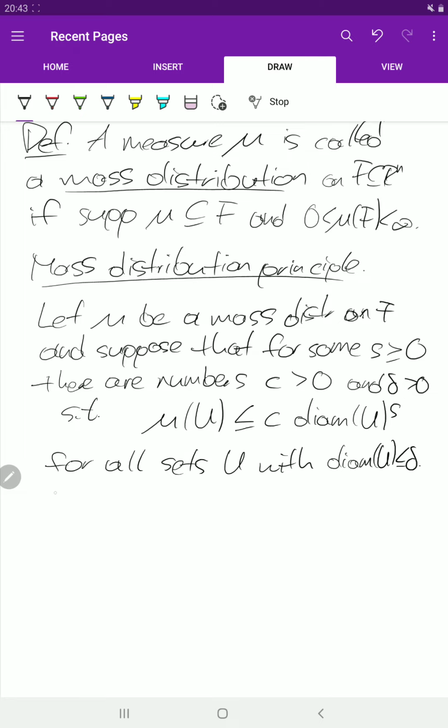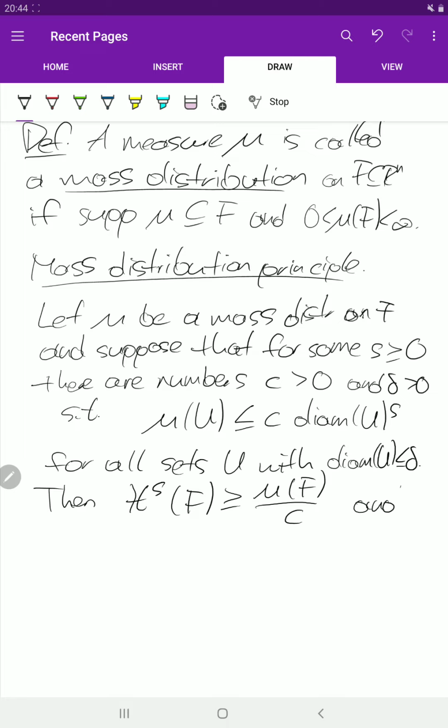And then the claim is that the Hausdorff measure of this set with parameter s is at least the mass of the set F divided by c.